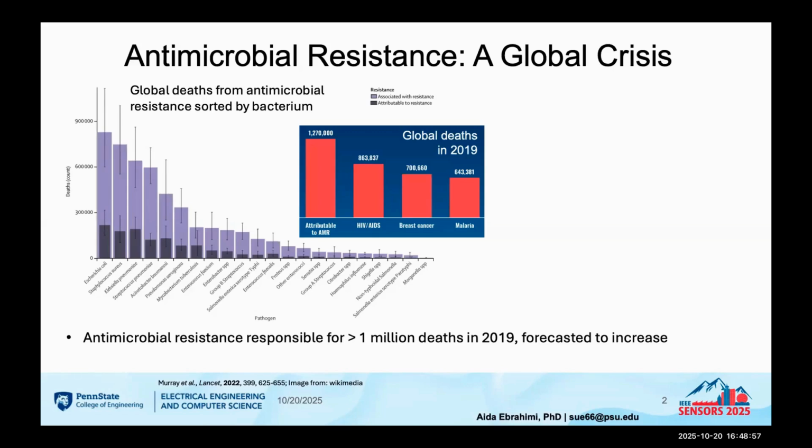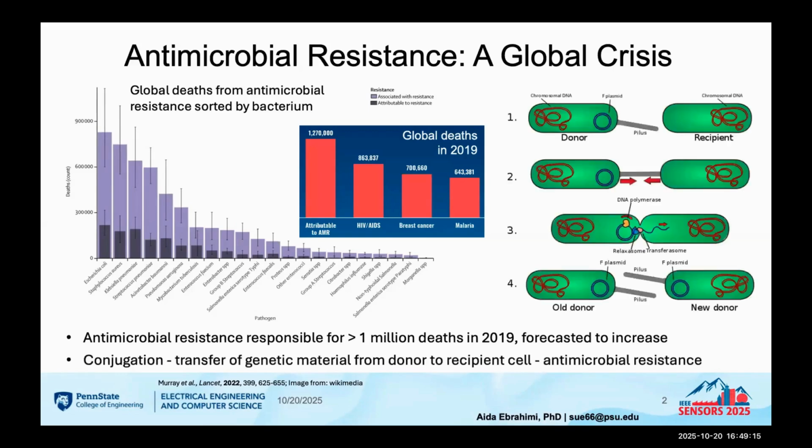Every year, more than 1 million people die directly because of AMR. By 2050, it is projected that more than 10 million people will die directly because of AMR, which is going to be more than the total deaths of HIV, cancer, and cardiovascular diseases combined. So it's a major problem.